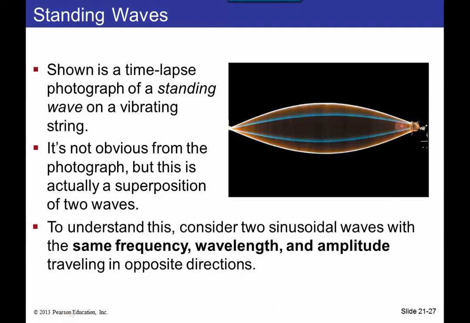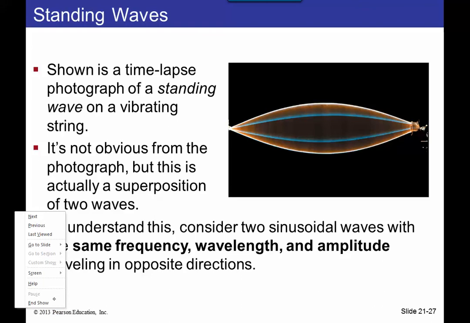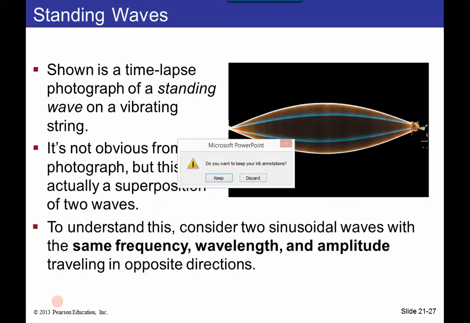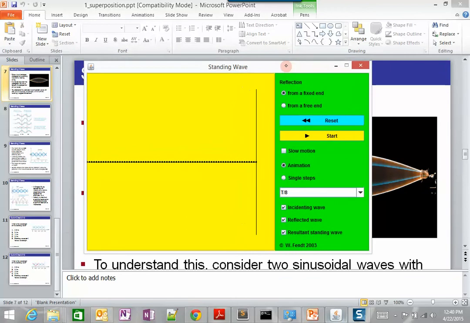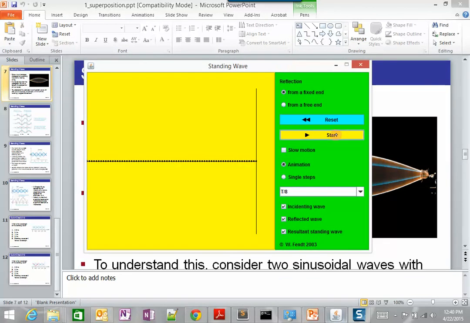So one phenomenon that is a consequence of superposition is standing waves. And a standing wave happens when you have waves of the same frequency, wavelength, and amplitude that are traveling in opposite directions. And I'm going to show you what that means with a little demonstration here. So we have here a standing wave that I'm going to produce.